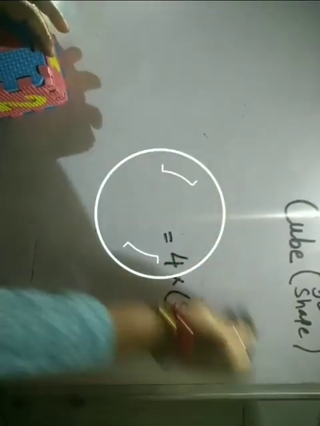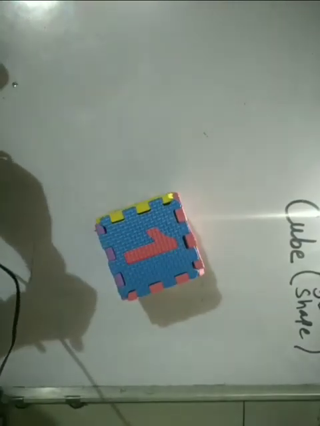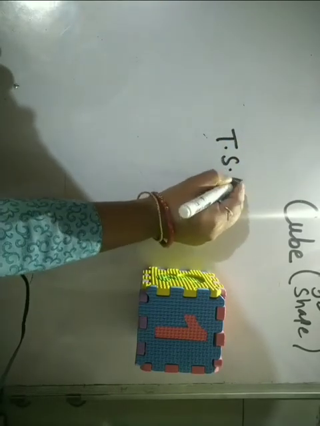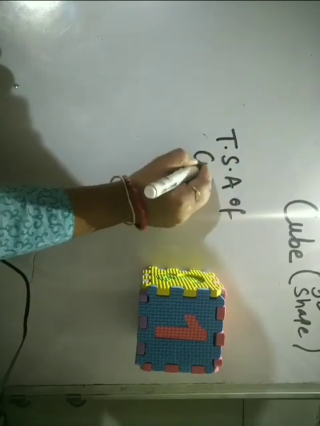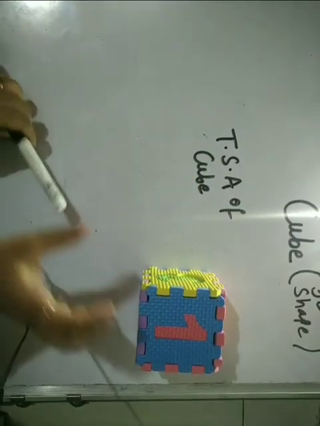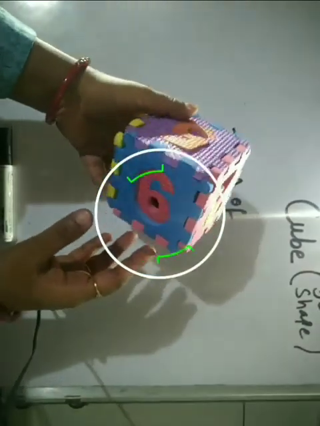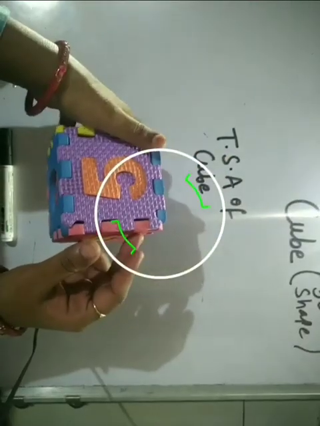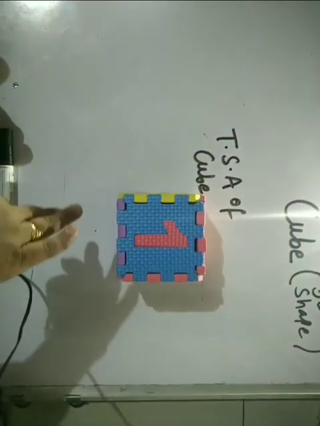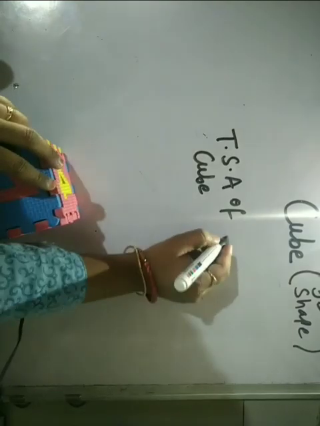Now the last one. Now we will discuss its total surface area. Total surface area of cube is equal to, in total surface, as we have seen, in cube there are a total of 6 surfaces. Now in total surface we have to consider all the 4 curved surfaces, the top one and the bottom one. So there are a total of 6 surfaces.